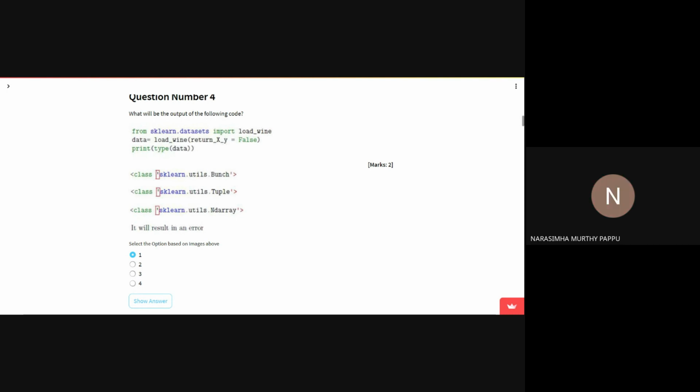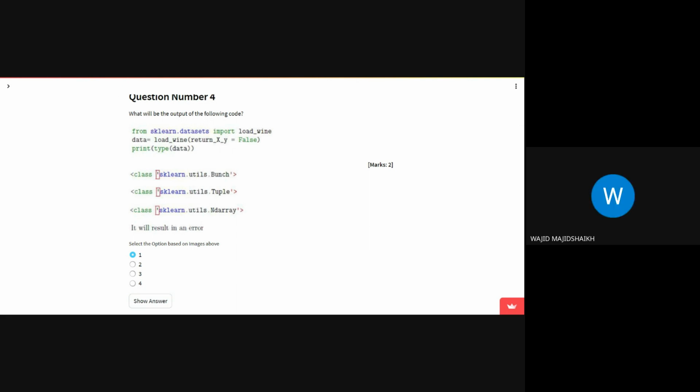And y would be data.target. No, that's when we're doing as_frame equals true. If you want it in the form of a data frame, then we can use as_frame equals true. And if you want it in the form of NumPy arrays, like a tuple of 2 ndarrays, then it has to be return_X_y equals true.